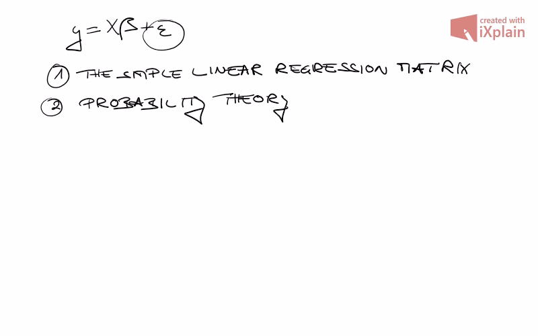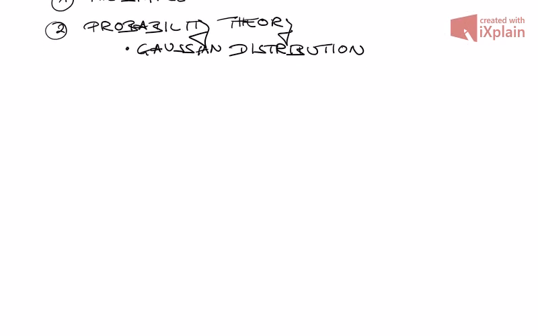We will then, once we made the detour through probability theory, including Gaussian distributions, and we also have to talk about multivariate Gaussian distributions, once we finish this detour, we will come back to the formulation of the GLM. But first, a concrete example, namely simple linear regression matrix.